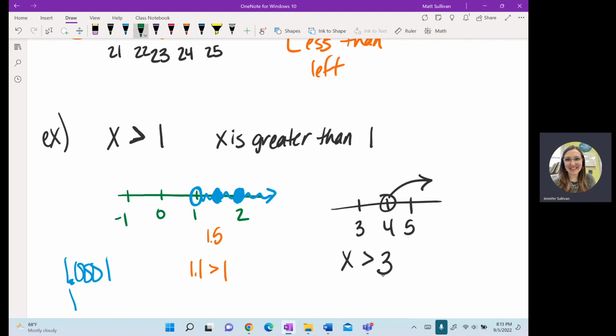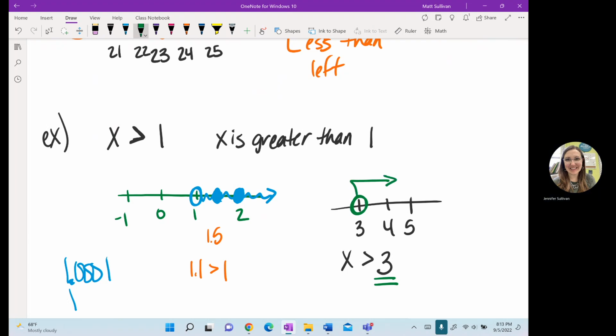When we're looking at our graphs, the number that we see in the inequality is the number that we're going to put the dot on our number line. We just have to decide, is this number 3 going to have the open circle or closed circle? So we don't have to worry about shifting up or down. And then greater than would go that way.